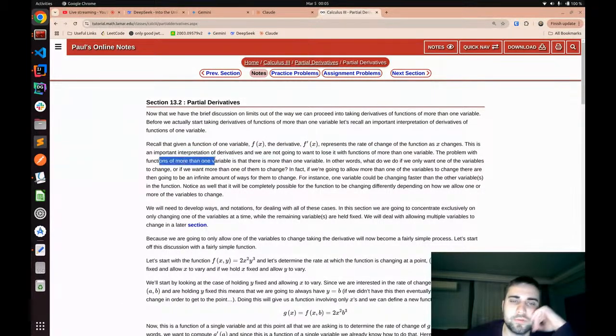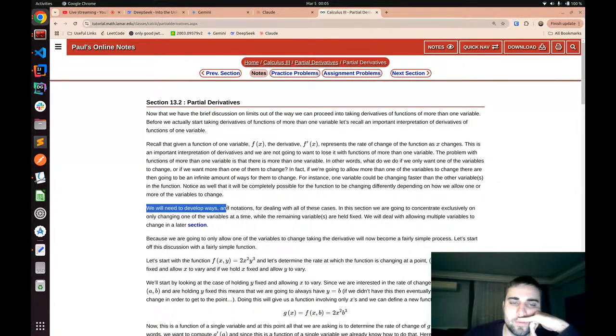The problem with a function of more than one variable is that the derivative only accounts for one of the variables changing, and if we want more than one of them to change, there are a lot of ways for that to happen. For instance, one variable could change faster than the other, so the function could change differently.